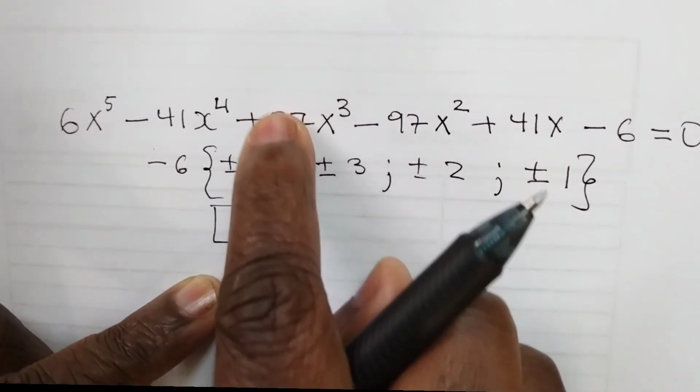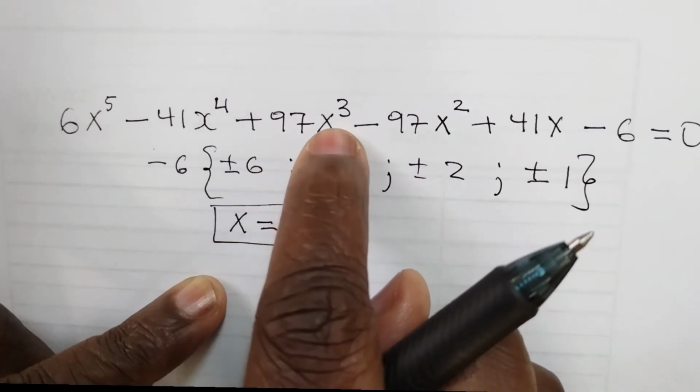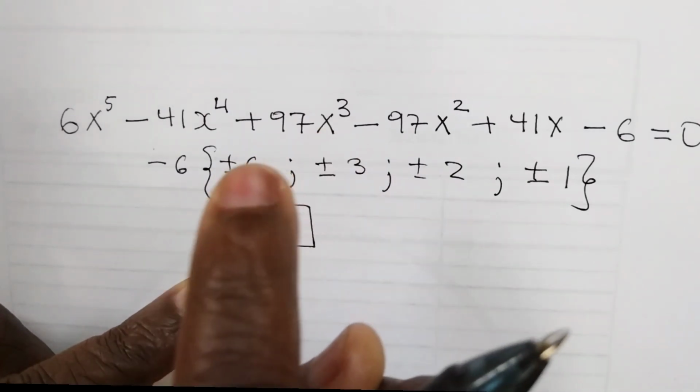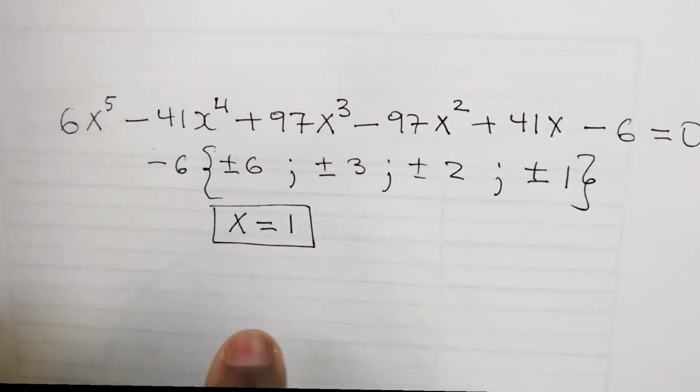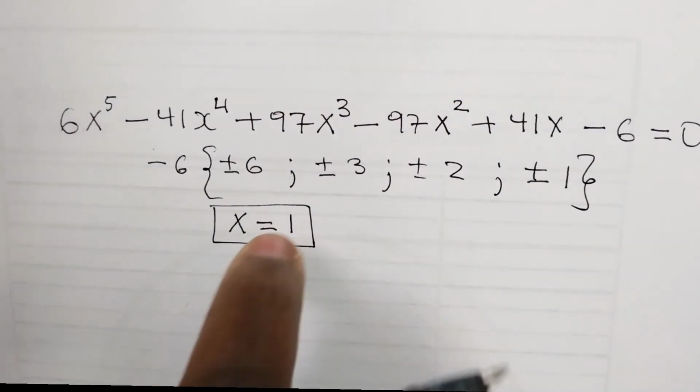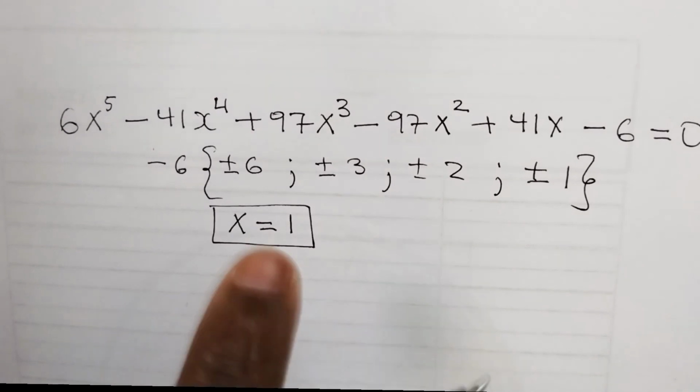But if I'm replacing x by 1 in positive 97x to the power 3, I'll be having positive 97, and this and that will cancel each other. So, ladies and gentlemen, I see clearly that the first factor is x equals 1. Now, I have the first factor, the first root of the equation.